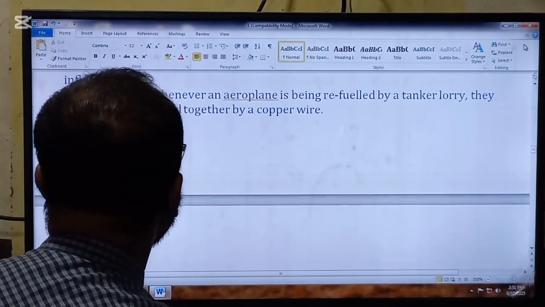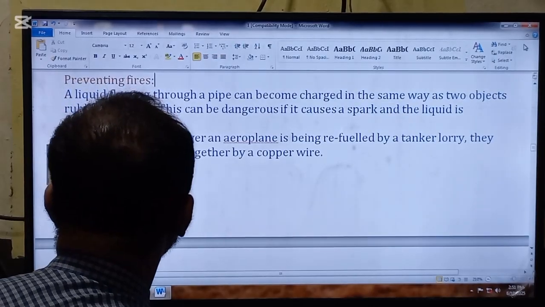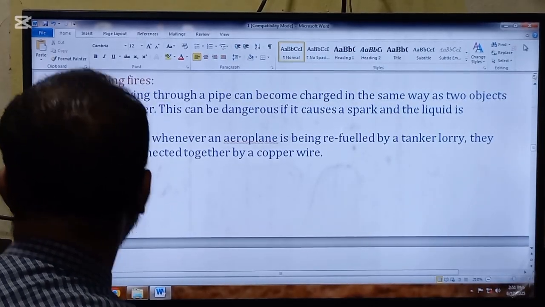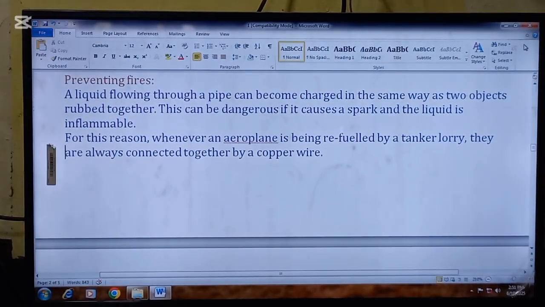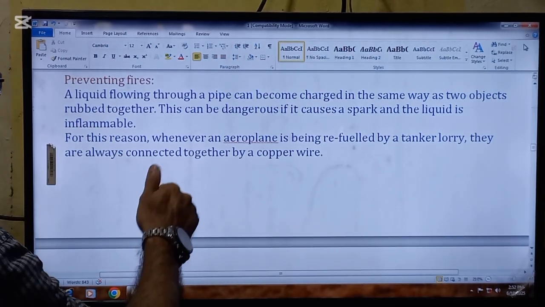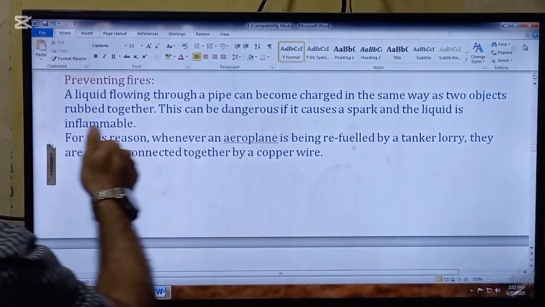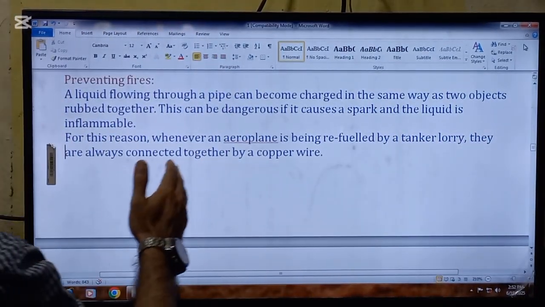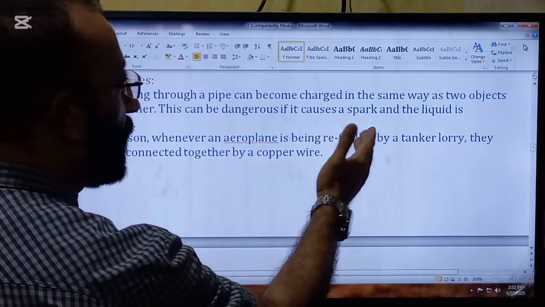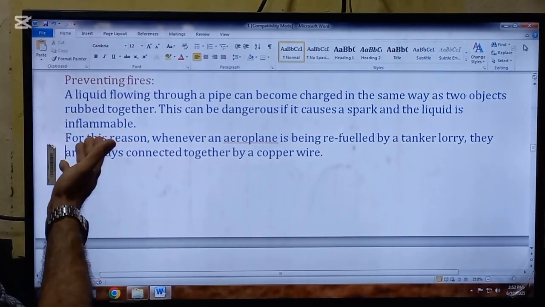Next, we are going to read another practical application of the electrostatic charge, that is preventing fires. A liquid flowing through a pipe can become charged in the same way as two objects rubbed together. This can be dangerous if it causes a spark and the liquid is inflammable.